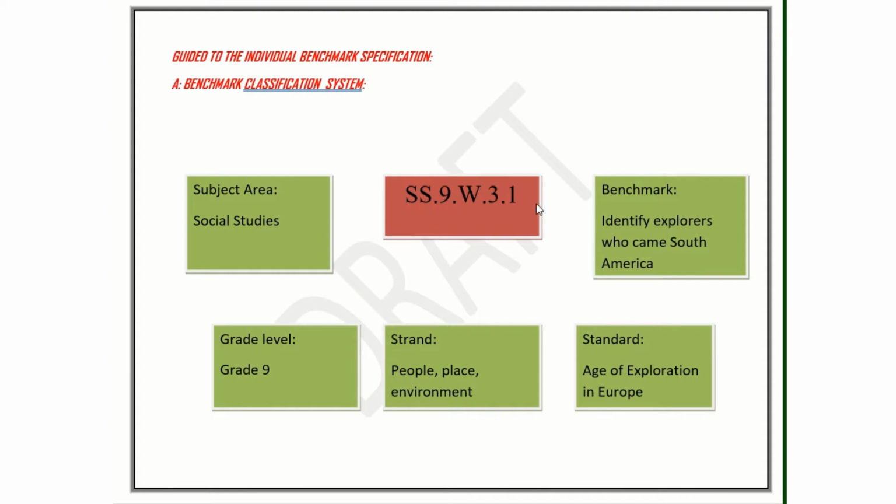This is one of the benchmarks for grade 9, showing to what extent a teacher has to teach, explained in 3.1, and 3.1 has several indicators. I will tell you how the indicators are explained.